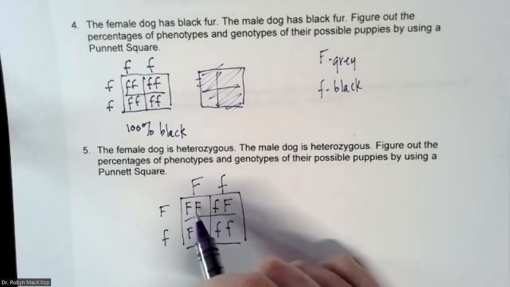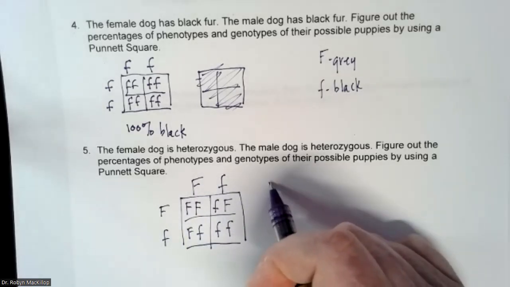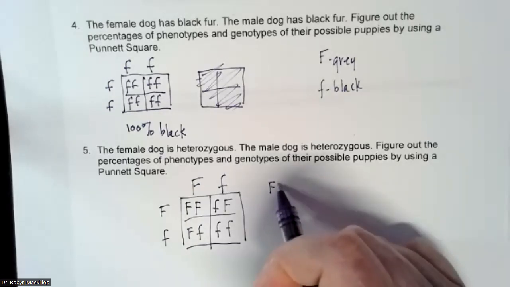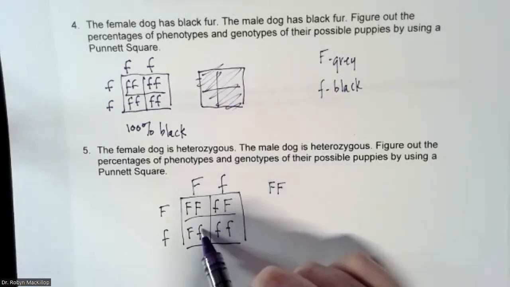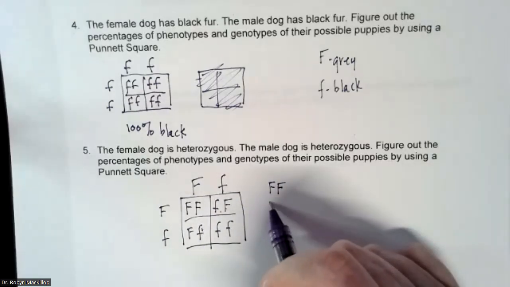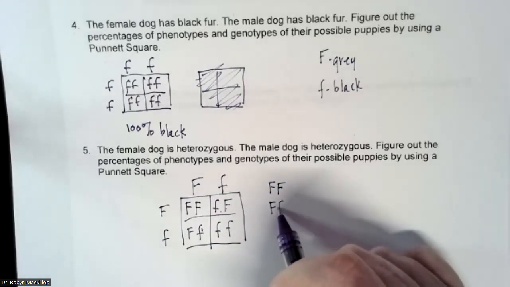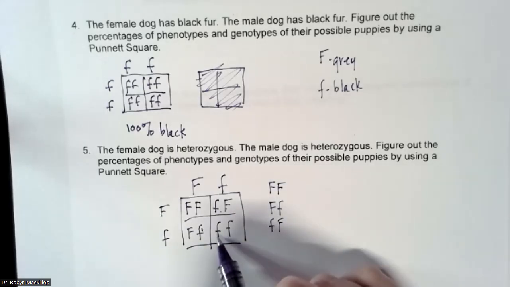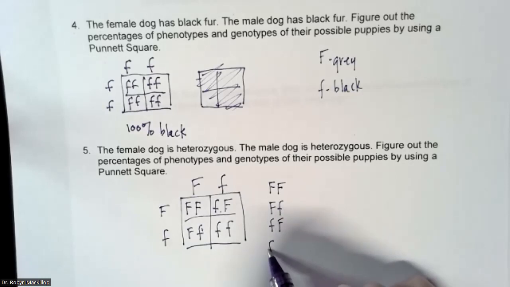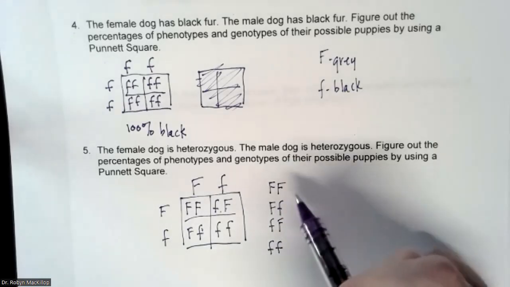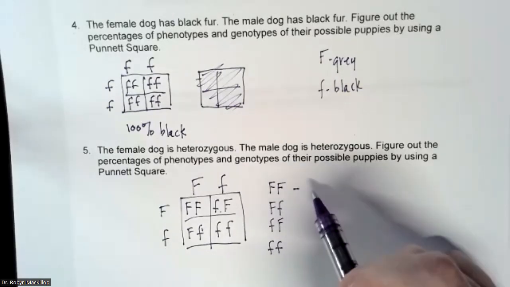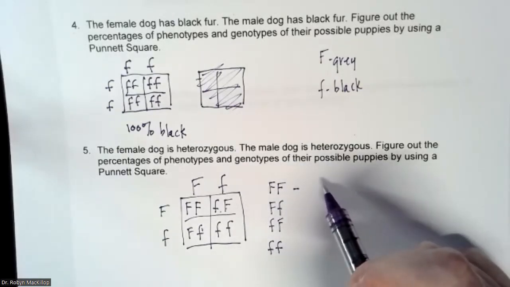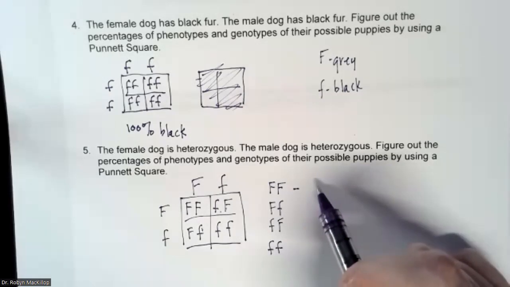So we've got a double dominant or a homozygous dominant. We've got 2 heterozygous. And we've got 1 homozygous recessive. So we have what percent of double dominant? 25.